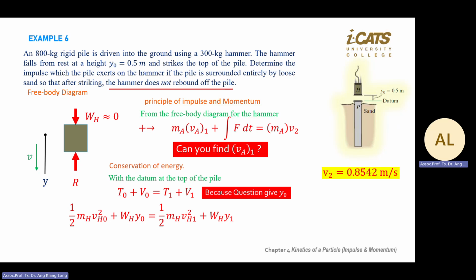Energy is a bit different. You need to be careful on the energy, especially when it comes to the datum. Potential mgh, you have positive potential when you are falling from above the datum. If you start below the datum, you get negative potential.